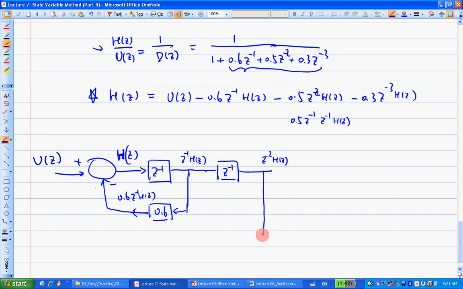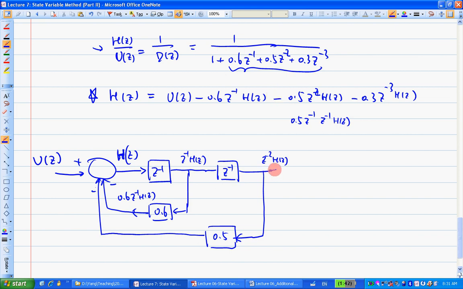This quantity, multiplied by 0.5, is fed back here, and same thing as a negative. So that'll be this quantity.